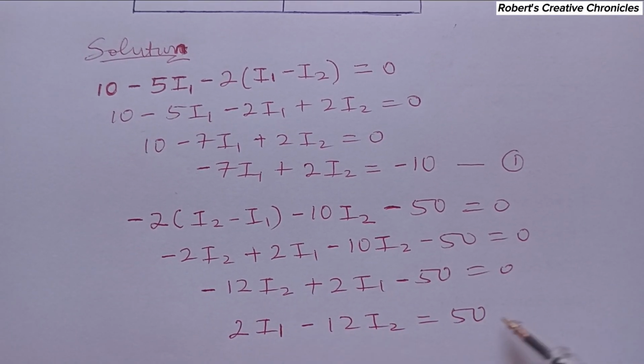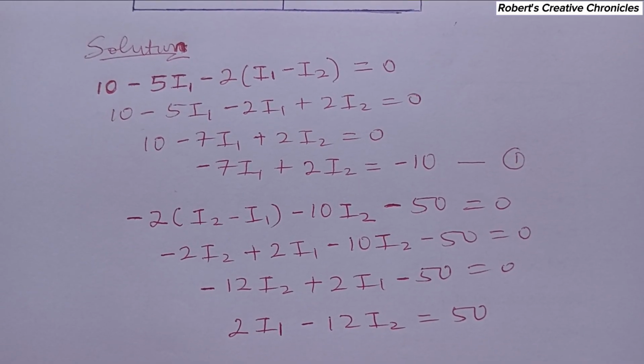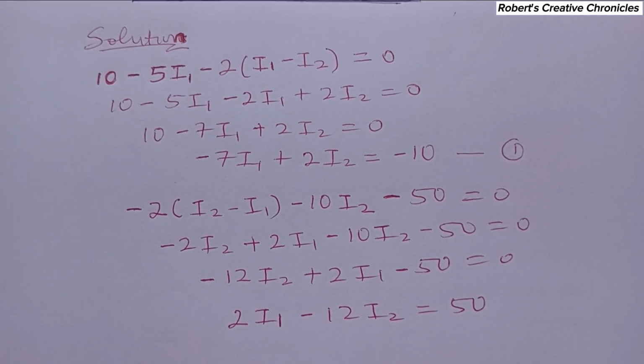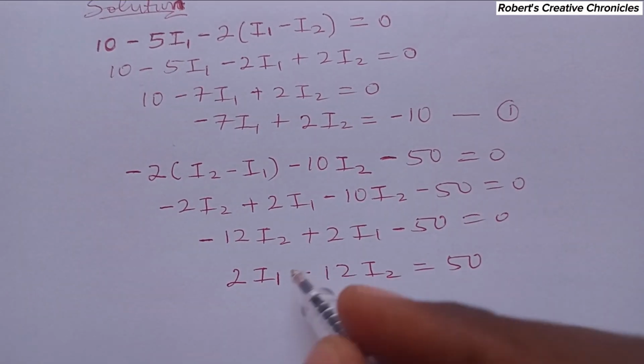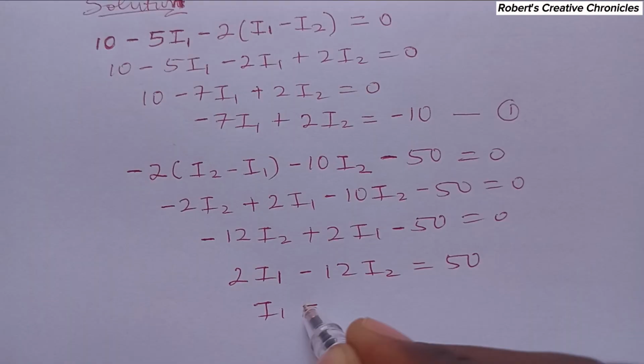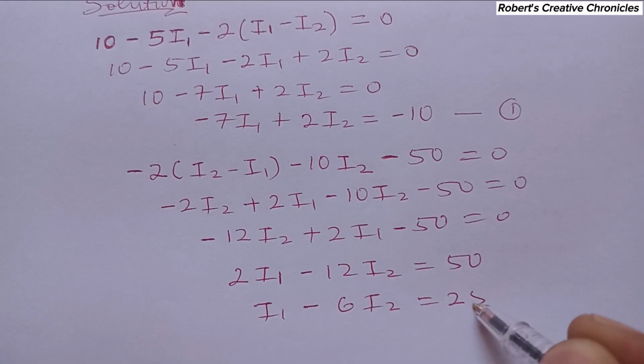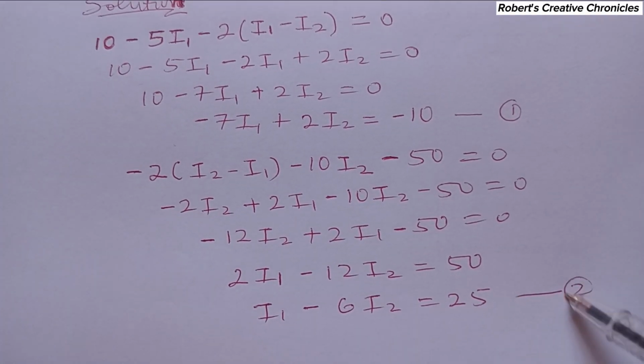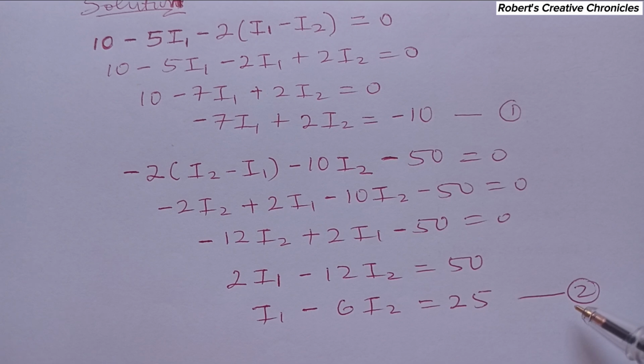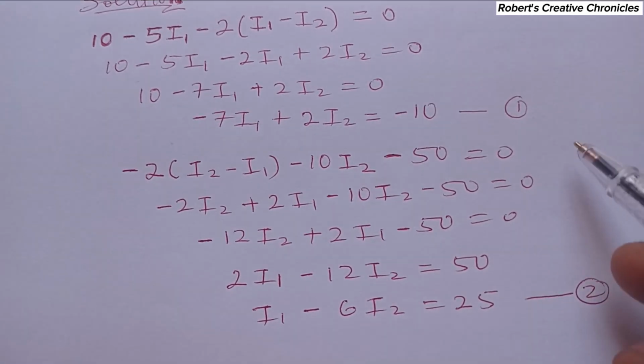We can decide to divide all through by 2 to reduce this equation. So let's divide all through by 2, it becomes I1 minus 6 I2 equals 25. So this is our second mesh current equation. So these are the two equations.